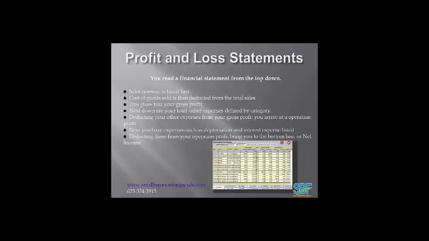If you use QuickBooks, it's got a P&L all set up for you through a chart of accounts. But the P&L will start with the sales revenue at the top. And you may have more than one category of sales revenue. For example, let's say you sell retail products, but you also do consulting and you do some other service work.